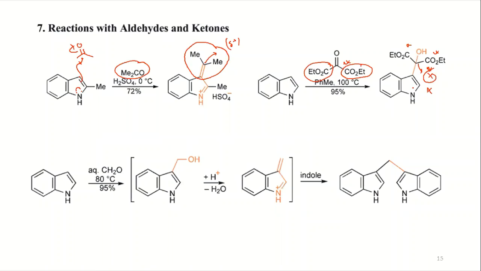And if you use formaldehyde, what will happen? A similar reaction: the formaldehyde reacts, and you have CH2OH incorporation, and that can further react with another molecule. You have elimination of this hydroxy group, you have this formation, and another indole can react.